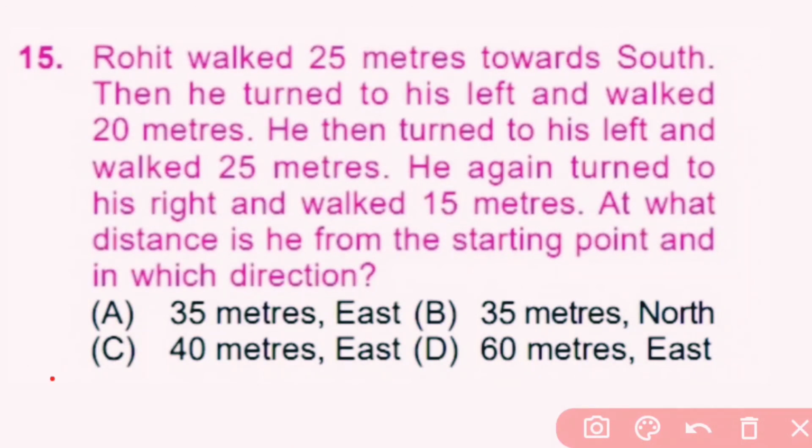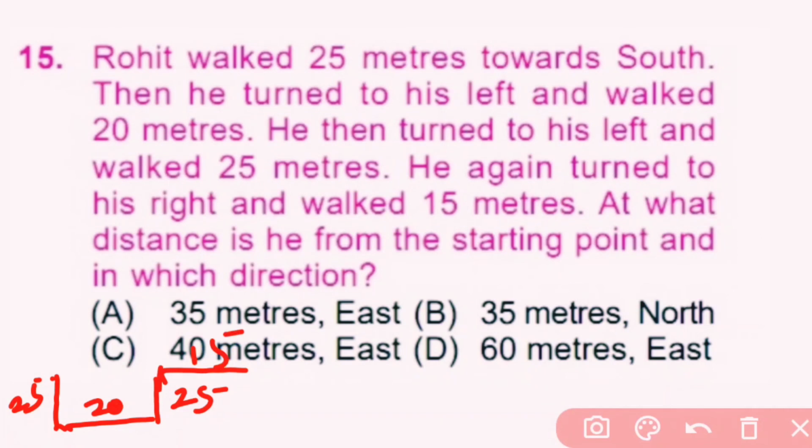He started from this point and he walked 25 meters towards south. Then he turned to his left, means this side, and walked for 20 meters. And then he turned to his left, so here, and again walked 25 meters. And then he turned his right, means this direction, and he walked 15 meters.